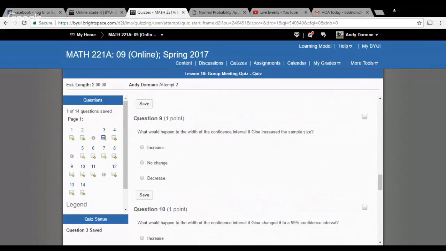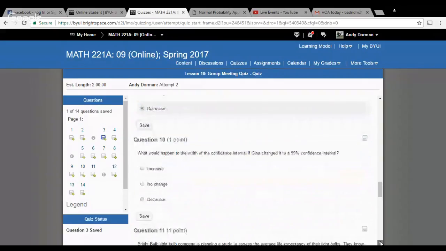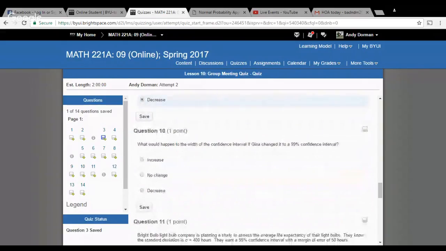So I think 9 is decrease, but what do you think? I want to hear your opinion. Okay? Now, what would happen to the width of the confidence level if Gina changed it to a 99% confidence?